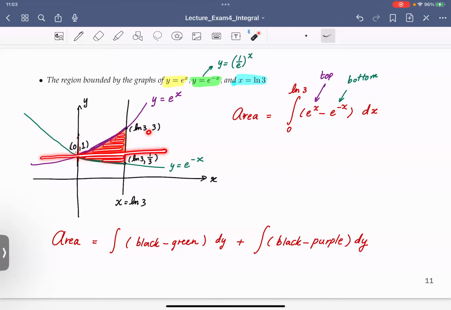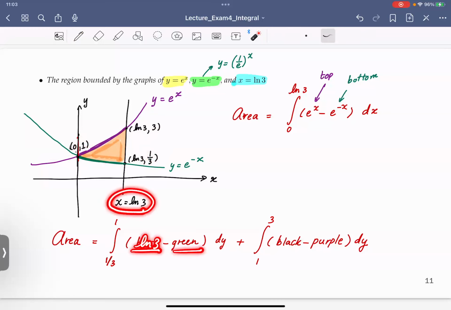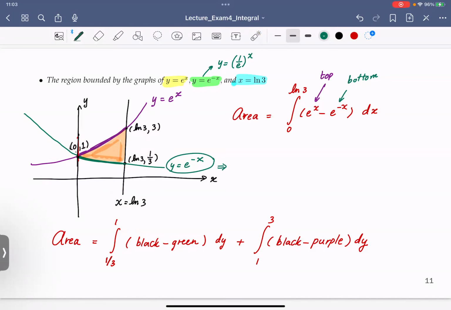So 1/3 goes to 1, and then 1 goes to 3. From 1/3 to 1, you have black minus green, but the black one is x equal to log 3, which is good, you can put log 3 in there. The green one here, let's simplify, is x equal to minus log y.